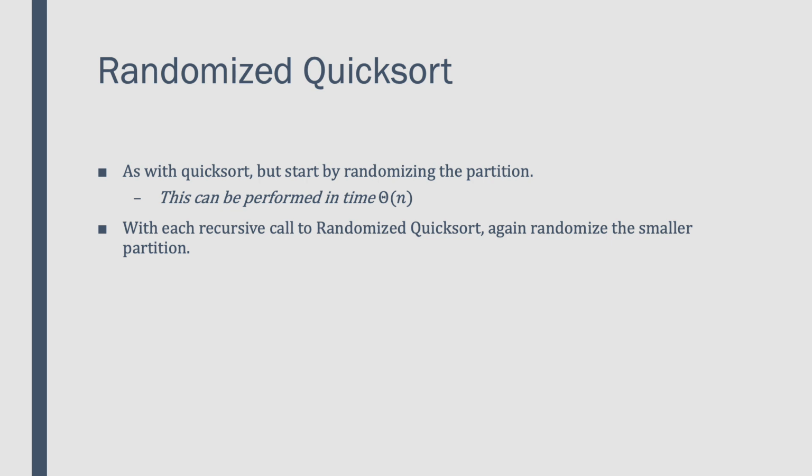I will add pseudocode for randomized quicksort in the lecture on Moodle. It is powerful because input data cannot be crafted to force the algorithm into worst case behavior, because it is unpredictable.